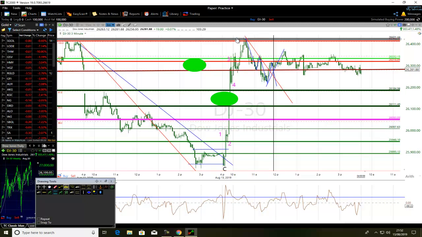Now, the fifth wave is here. Okay, that's the fifth wave right there. So first wave, second wave, a little bit of pullback here, third wave all the way up there, fourth wave, very shallow, and then the fifth wave right there.